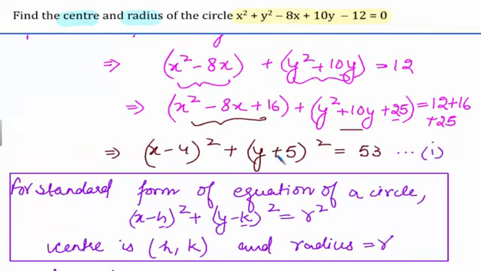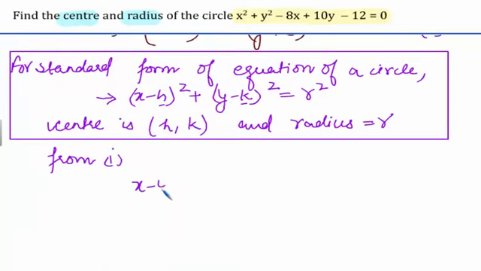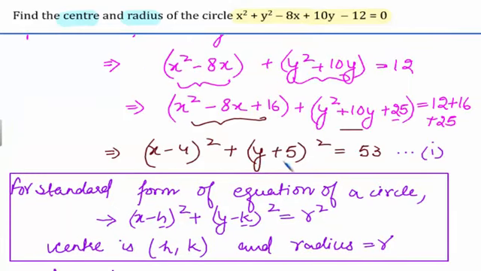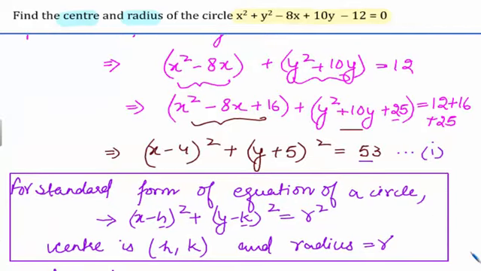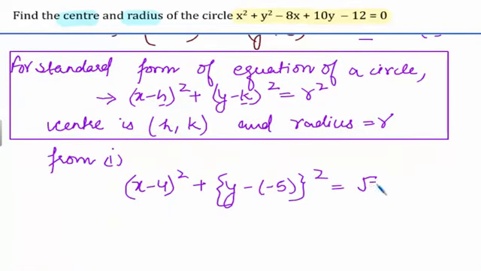let us first try to write it in the form of the standard equation of a circle. So this can be written as x minus 4 whole square plus we have y plus 5 whole square. So it can be written as y minus of minus 5 whole square is equal to r square, and 53 can be written as square root of 53 whole square.